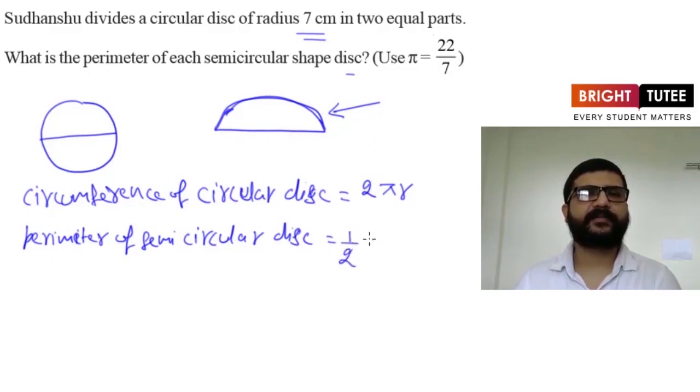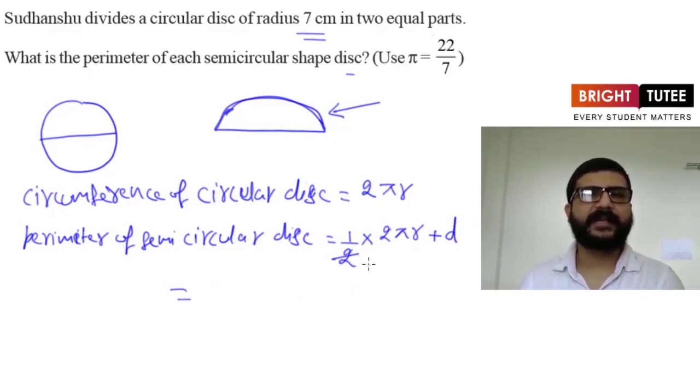So it will be half of the circumference, meaning half of 2 pi r, plus d, where d is the diameter. Now we can simplify this, half and 2 cancel. Now we are left with pi r plus d, and the value of pi is 22 upon 7.